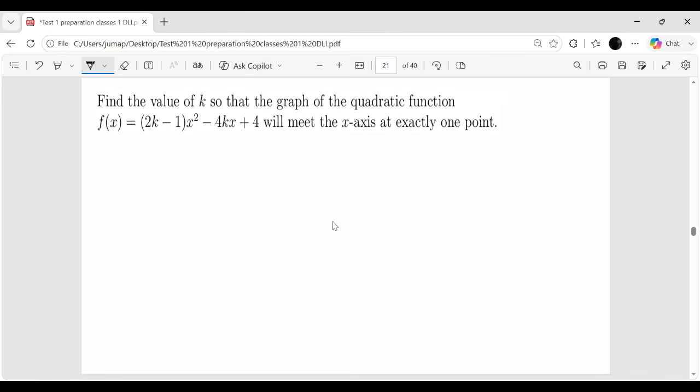So meaning that the graph of this one is just supposed to touch the x-axis once. Maybe it's like this, but it's touching the x-axis at 1 point. It tells us that for this function, which only has one solution, the discriminant of this quadratic equation is equal to 0.